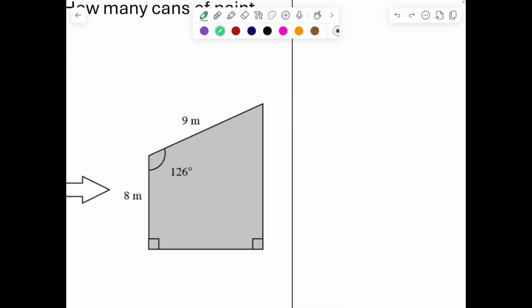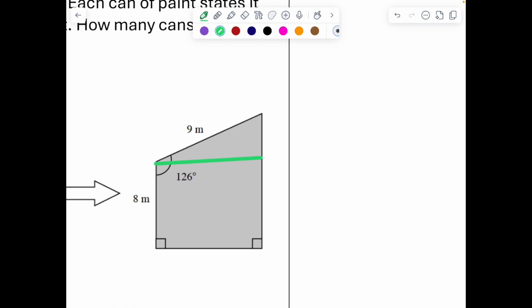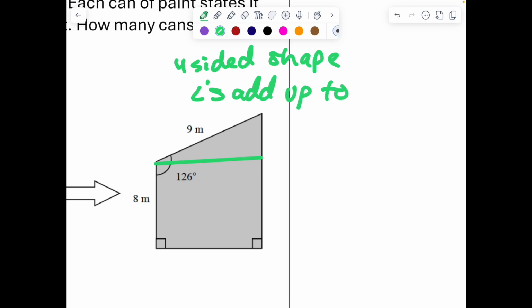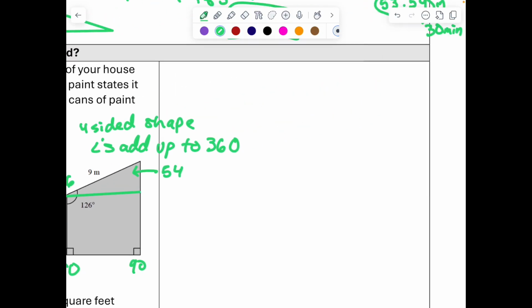But in this shape, looks like we kind of have a triangle and a rectangle here. And one thing we know about a four-sided shape, the angles add up to 360. So if this is 90, 90, 126, that means this angle right here is going to be 54.